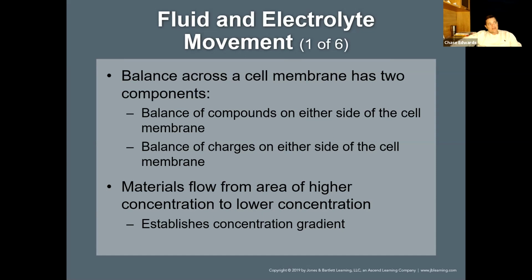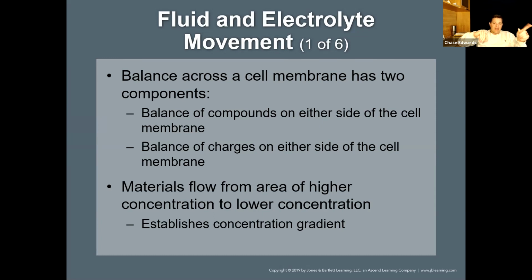All right, so balance across a cell's membrane. Water and electrolytes move among the body fluid compartments according to some basic chemical and biologic rules, right? Balance across the cell membrane has two components. The first one being balance of compounds on either side of the cell membrane.